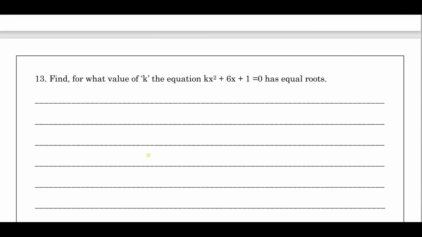Find the value of K so that the equation has equal roots. Already they have given the condition in the question itself. If they are equal, that is delta equals b square minus 4ac equals 0.